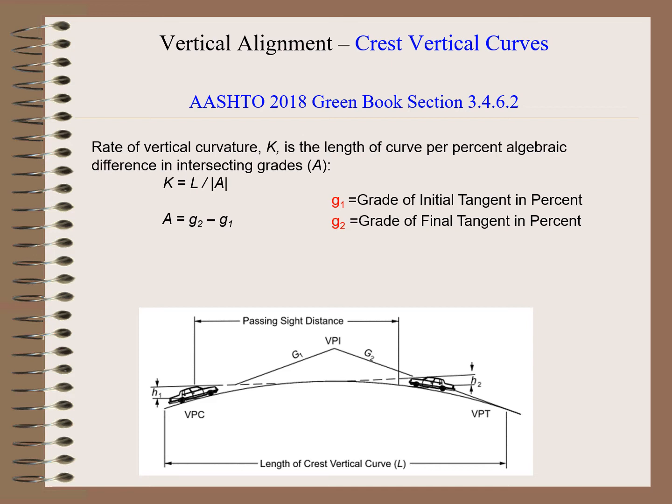G1 is the grade of the initial tangent in percent. G2 is the grade of the final tangent in percent. If you rearrange the equation, you can get the following. L, length of curve, equals K times the absolute value of A, or the absolute value of A equals L divided by K.